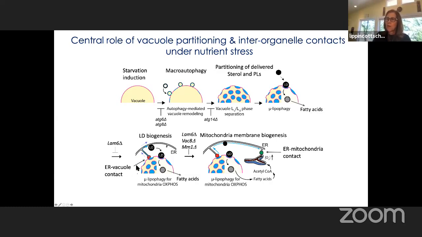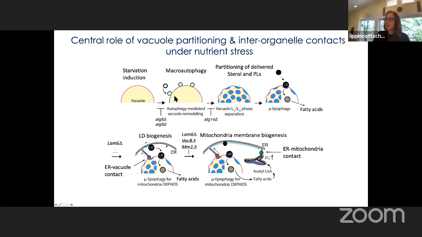So the ER-vacuole contact occurs at these ordered domains, and we think is a site where lipids can be conveyed back into the ER.